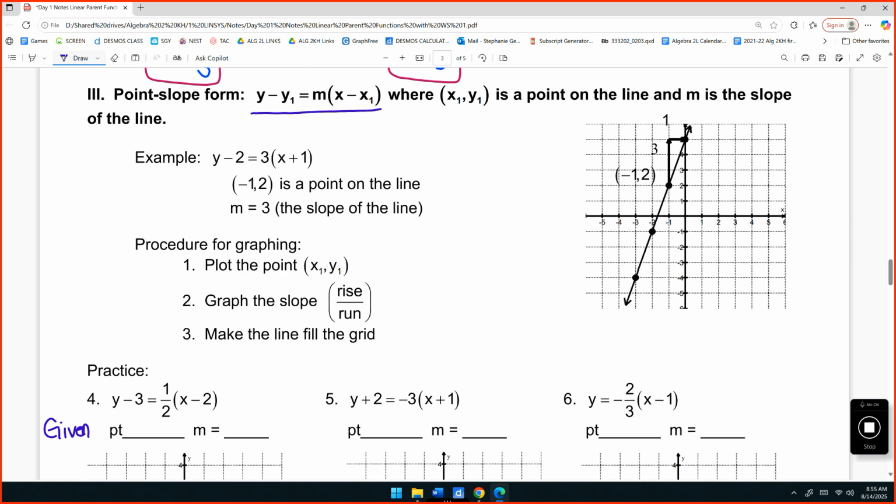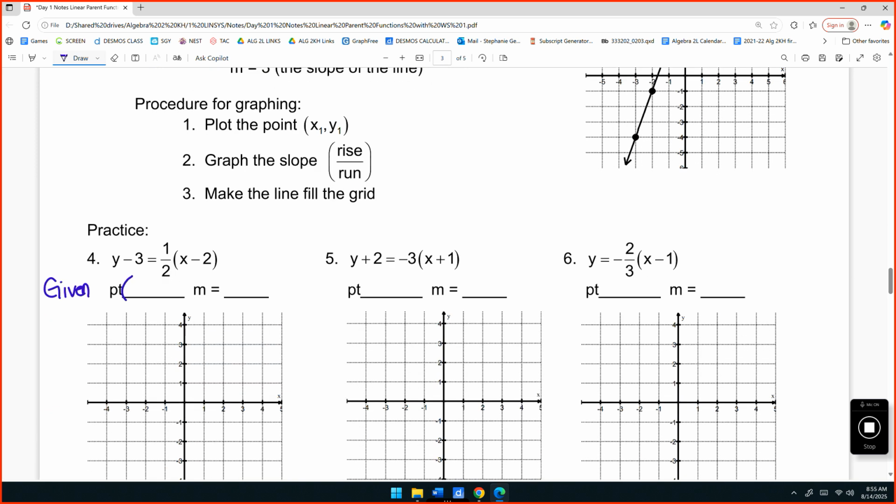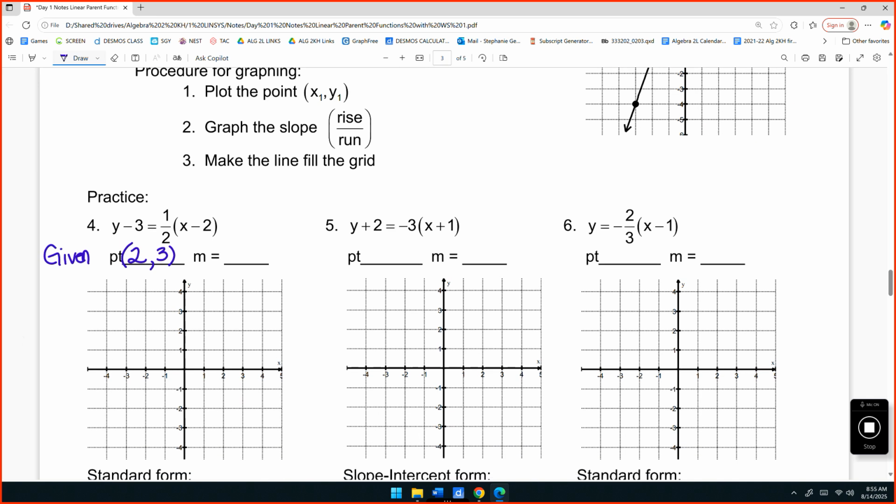It's the x1, comma y1. So the x1, it looks like -2, but the minus is part of the equation, right? So the x coordinate is actually +2. And what's the y coordinate? +3. Because you got to remember, the minus signs are part of the formula. So actual x is 2, actual y is 3. So that is the point that we plot first. 2, 3.